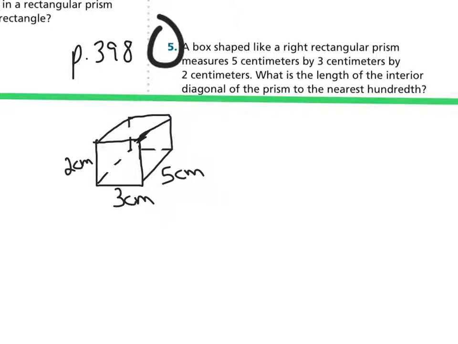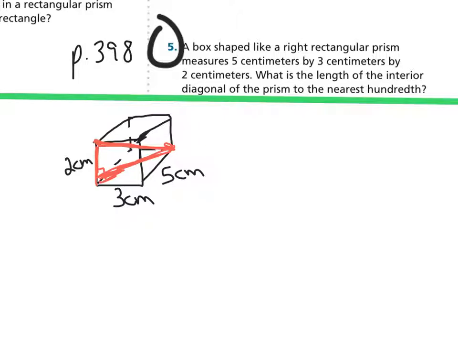So, like we talked about at the beginning of the lesson, the interior diagonal here is going to go from the top face to the bottom face diagonally. So in order to figure that out, if we think of this red triangle, in that red triangle we actually only know one side.